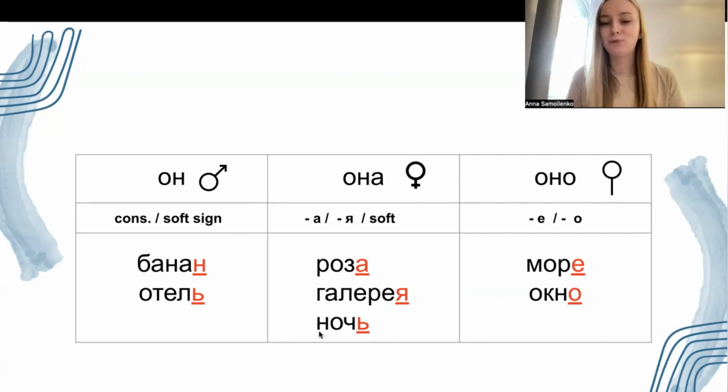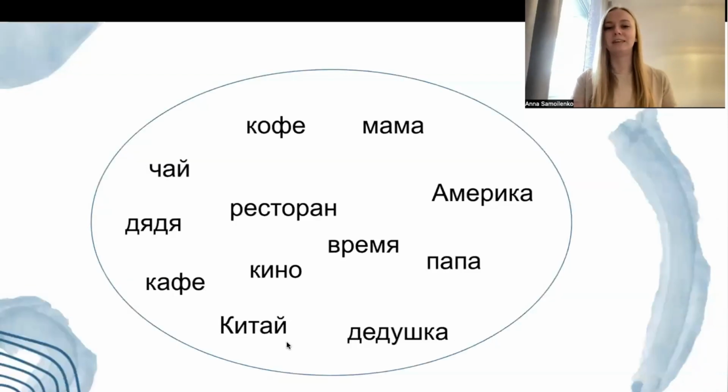My advice is to learn this table and practice it right now with me. I prepared a great exercise for you. Here you have just words. Right now, maybe you don't know all the meanings, but it's okay. Try to put these words in the correct columns.